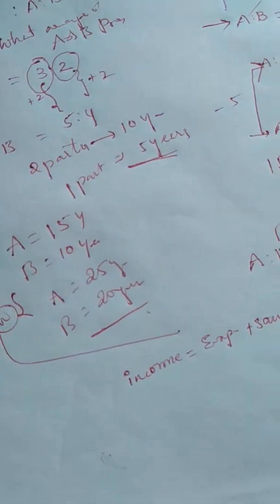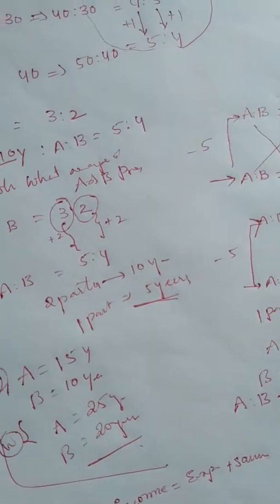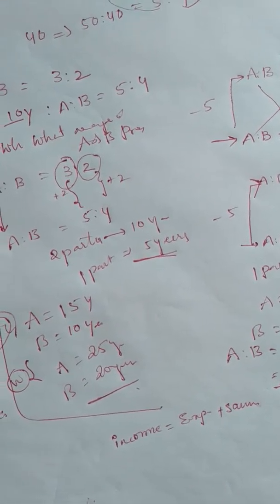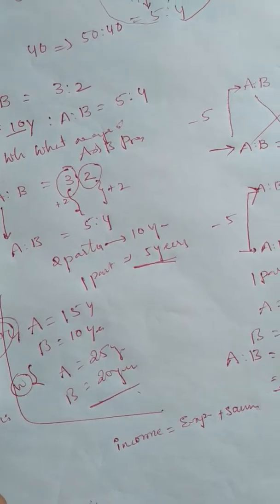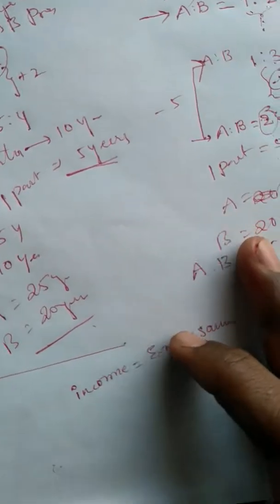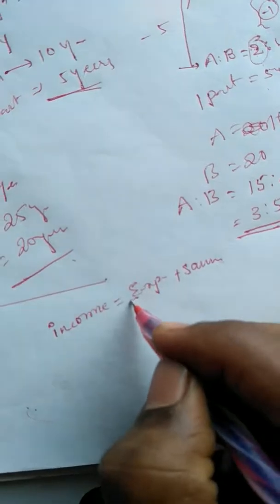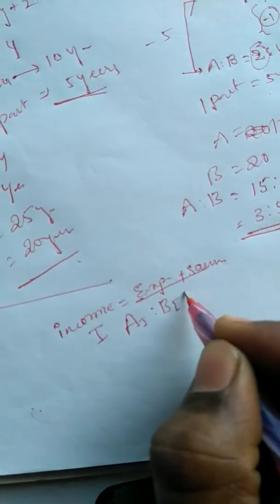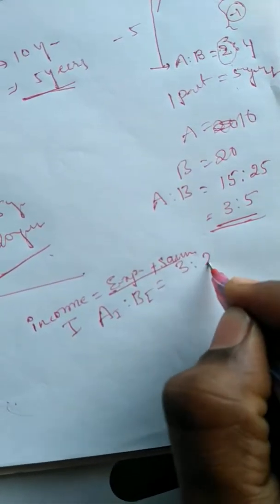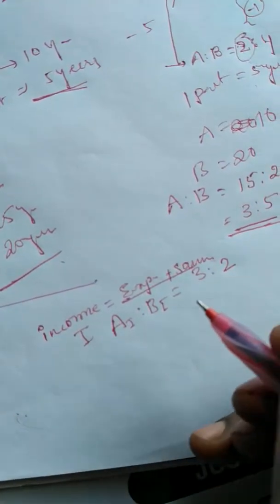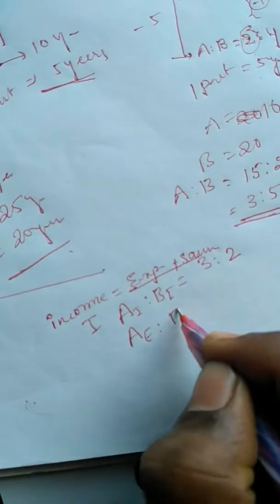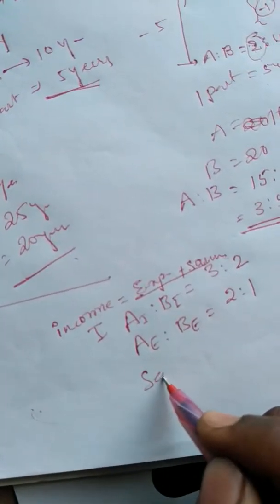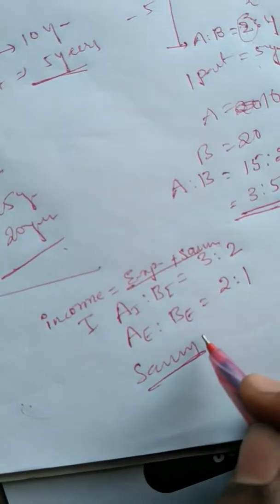This type of method is also used in SSC CGL, MTS exams, and also in other exams. In these situations also you can use this same method. So the incomes of the two people A and B are in the ratio 3 is to 2, and the expenditures of A and B are in the ratio 2 is to 1.